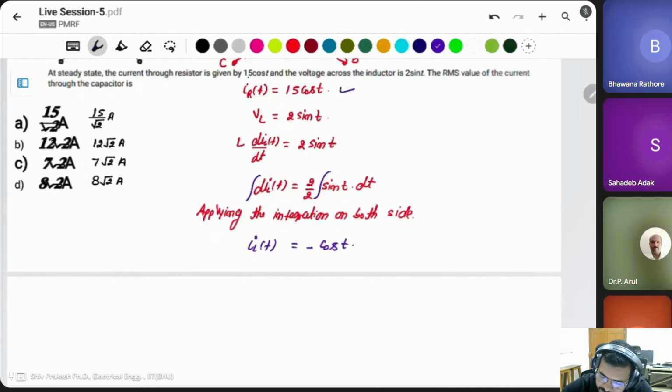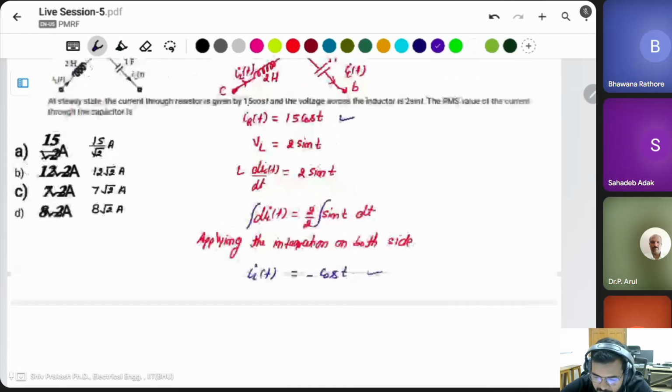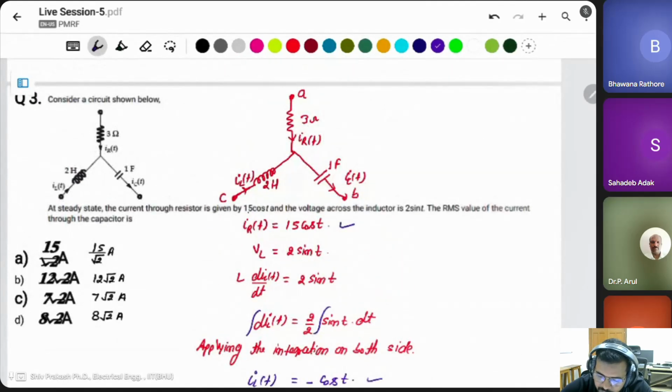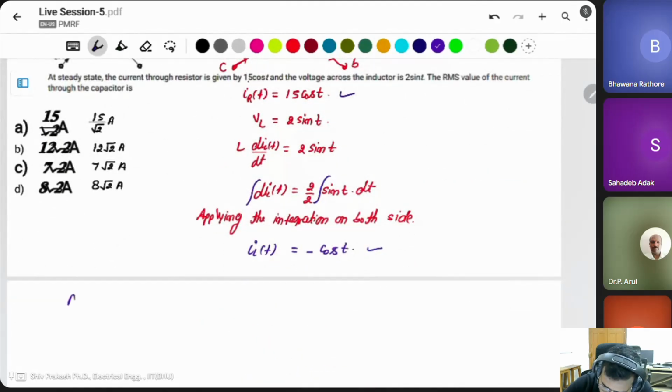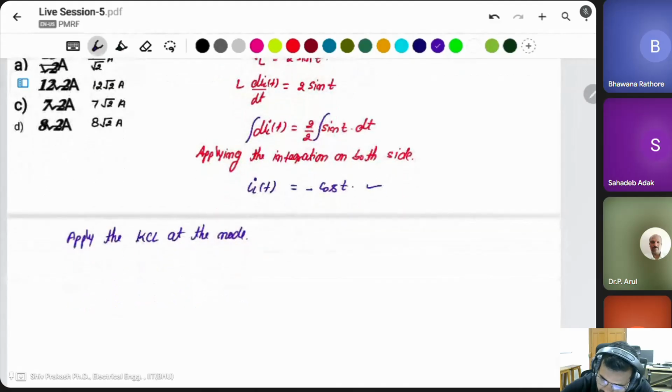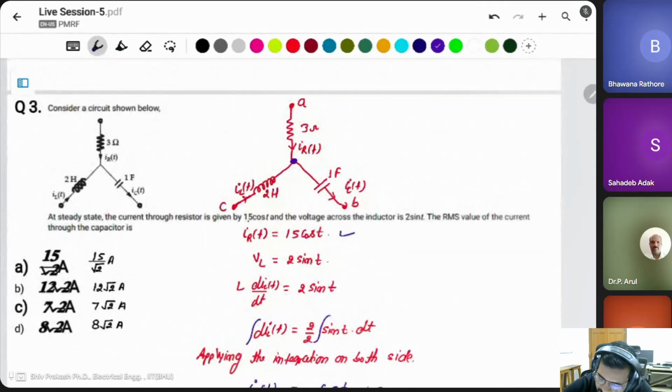IR(t) is here, IL(t) is here. Then we want IC(t). This is the node. Apply KCL at the node. The sum of incoming current equals the sum of outgoing current, or the generic sum is 0.